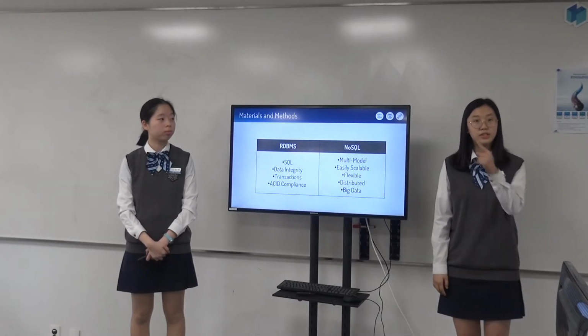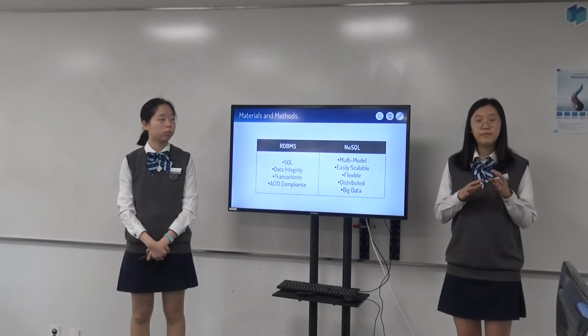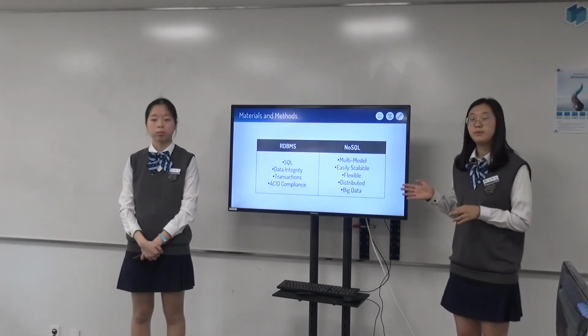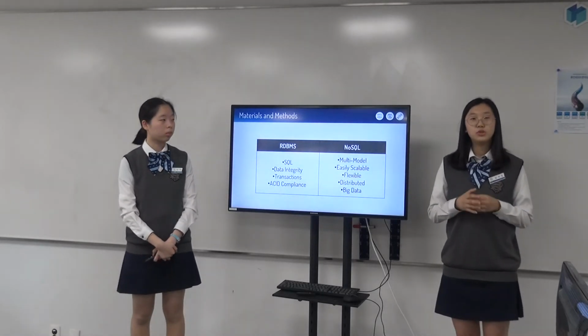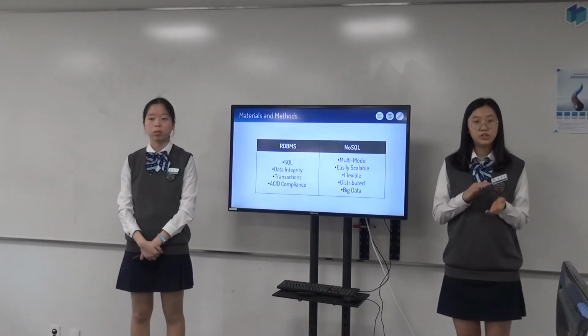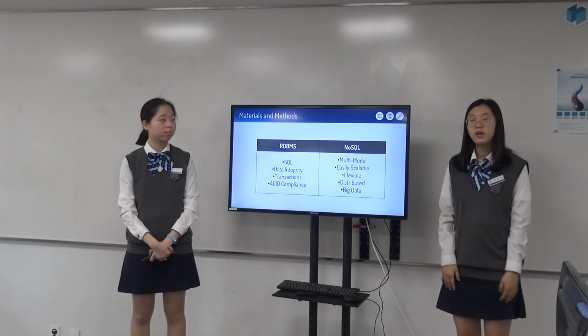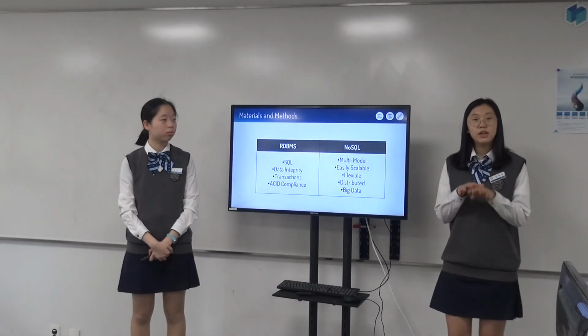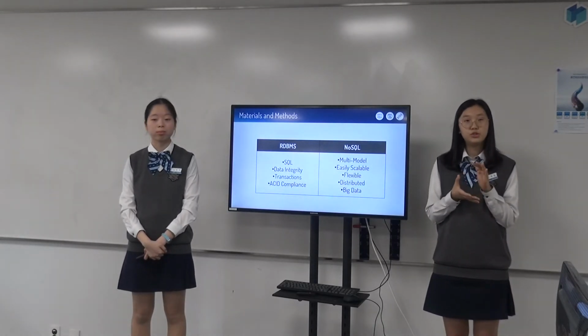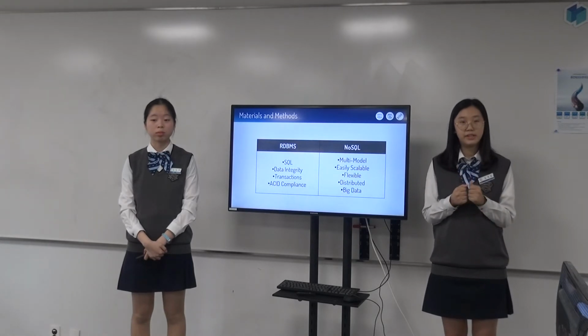However, with the increasing unstructured data, the fixed format of a database like RDBMS is invalid. So NoSQL appeared, which is more flexible. NoSQL is easily scalable and easy to control for big data.